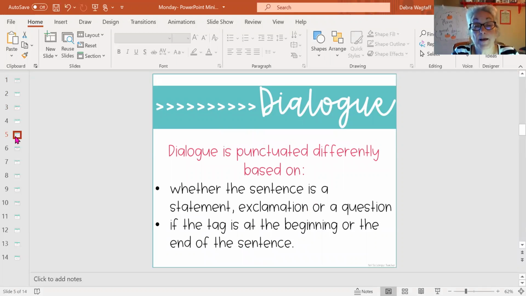So dialogue is punctuated differently based on what kind of sentence it is. You've studied questions, you've studied statements, you've studied exclamatory sentences, and you know that those are all said in different ways and they are punctuated differently. It's the same thing if you're using them in dialogue.